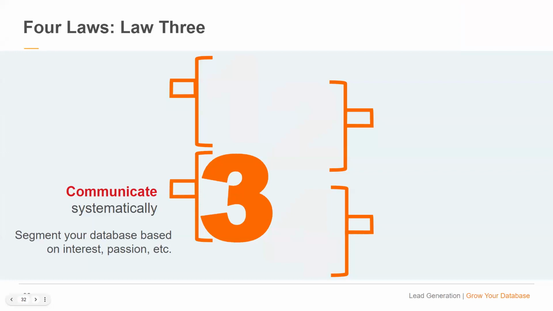Why do you think they say communicate systematically? Maybe it's being consistent. Yes, that's exactly right. Amazon reminds you that you were looking at something, even Fashion Nova emails you.